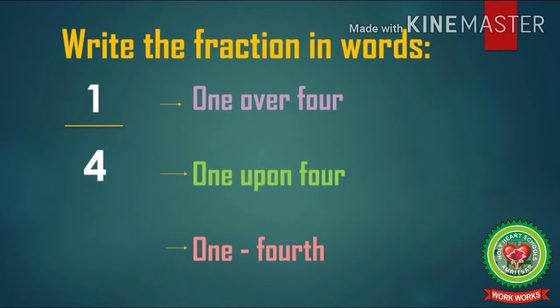In this, kids, we must remember one thing, that when the numerator is 1, we do not write s in the denominator. So, the spelling will be fourth, fourth, that is 1/4.